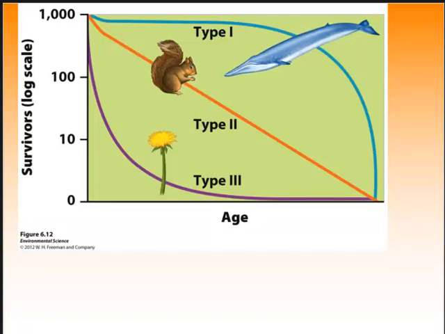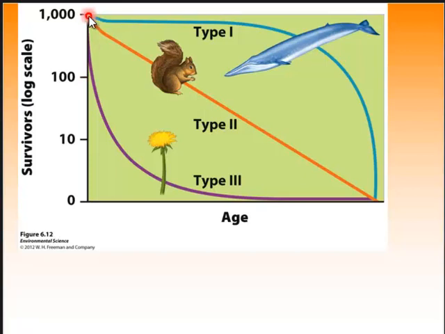All right, now let's look at survivorship curves. So different species have distinct patterns of survivorship over the lifespan. We have excellent survivorship until old age for type 1, and we're going to look at type 1. This is the blue line. A whale, a human, an elephant, they're type 1. They have excellent survivorship. So this is the number of survivors in the population.